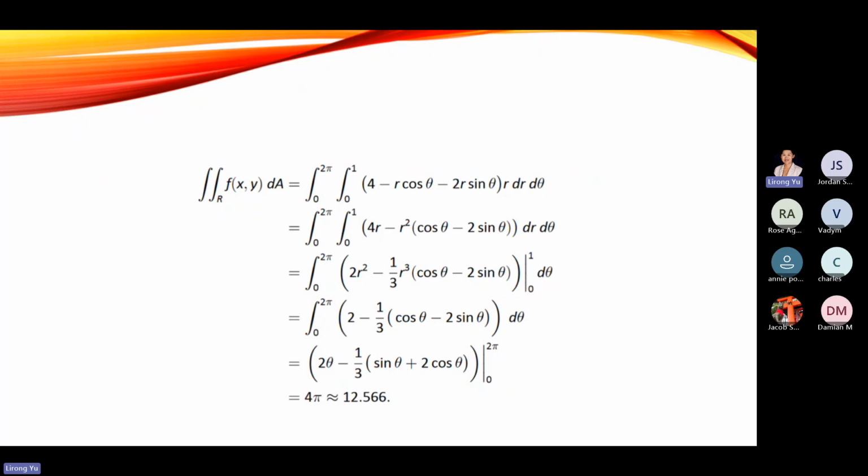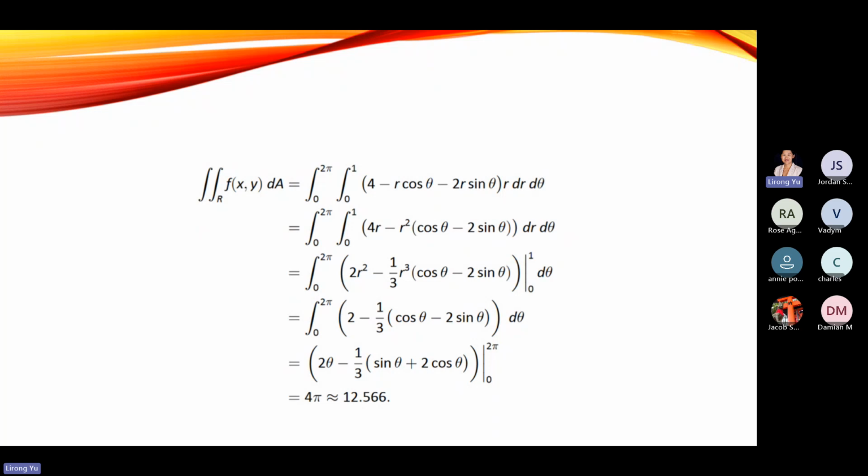On the other hand, dA is now represented as r dr d theta. There's an actual r that we have to integrate. The integration limit for r is 0 to 1 because it's a unit circle. For the unit circle, the maximum value for r is 1, and the minimum value at the origin is r equals 0.